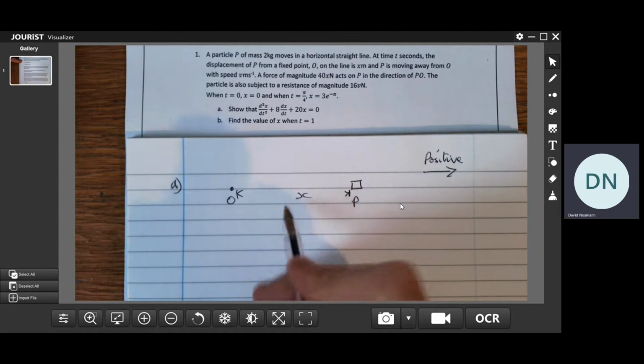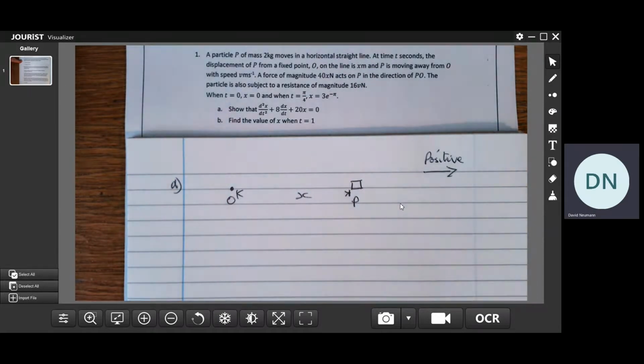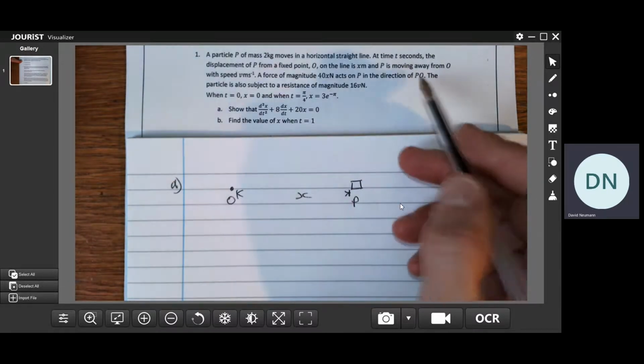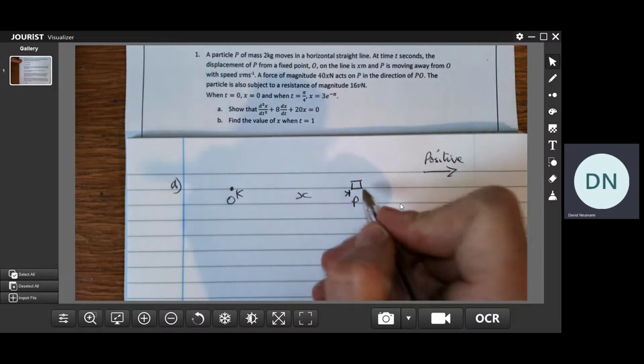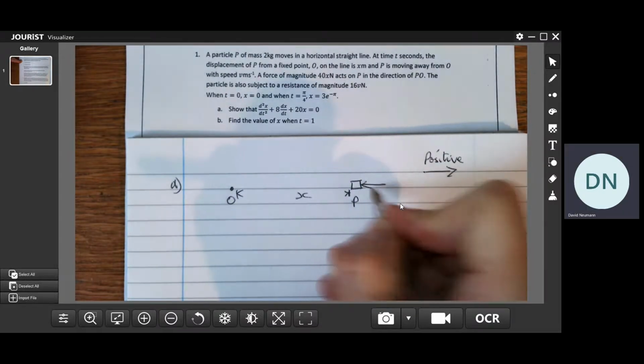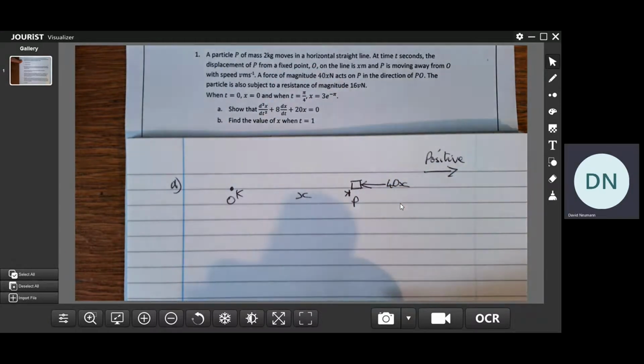So in the situation where we see it here, we've got positive x. We've got a force of magnitude 40x acting in the direction of PO. So PO is that direction. So we've got 40x acting in that direction.